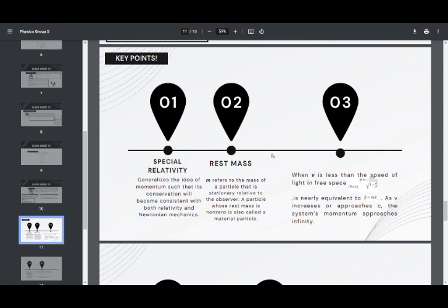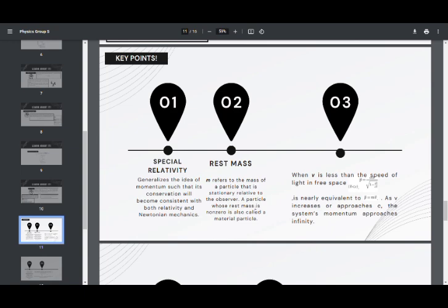So, we will proceed na sa key points. So, special relativity is also the generalized idea of momentum such that its conservation will become consistent with both relativity and Newtonian mechanics, while the rest mass, or m, refers to the mass of a particle that is stationary relative to the observer.